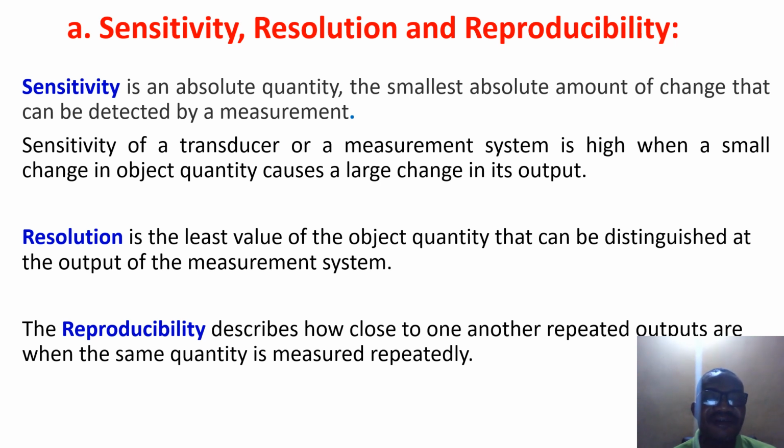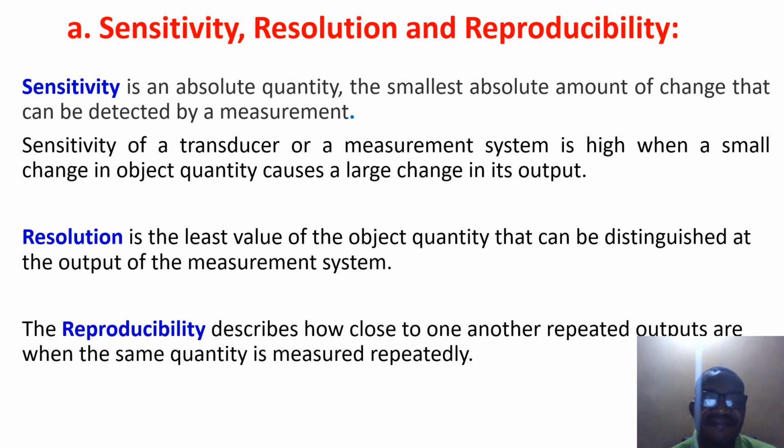So the sensitivity of a transducer or measurement system is high when a small change in the object quantity causes a large change in its output. Then resolution.